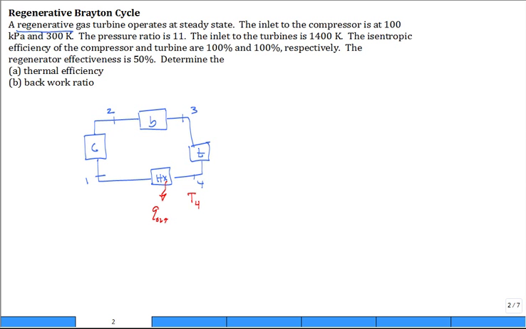regenerative gas turbine cycle. So what they do is they say, well, let's reroute. So we'll take the exhaust gases out of the turbine, come up and put them through a heat exchanger. The purpose of that heat exchanger is to preheat the gases before they get into the burner. Now, what we do is we get rid of this down here, get that out of the way.